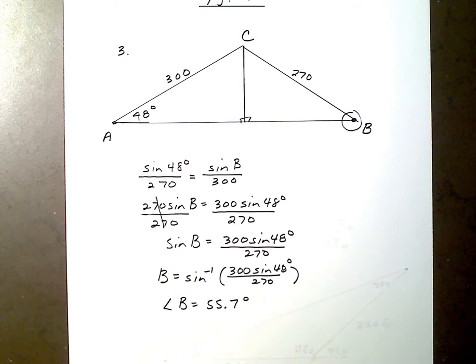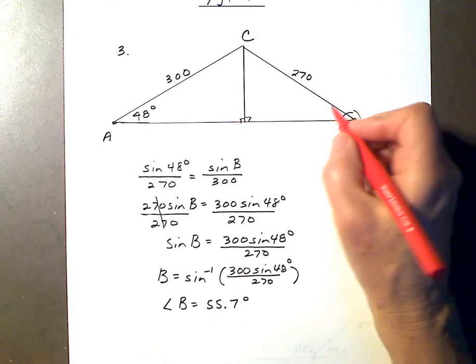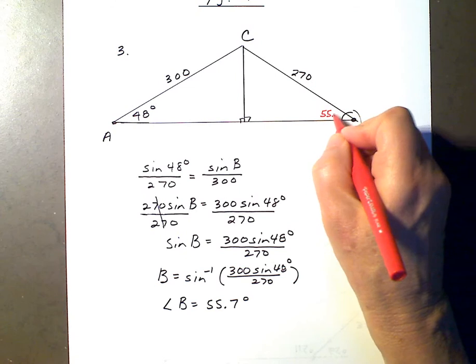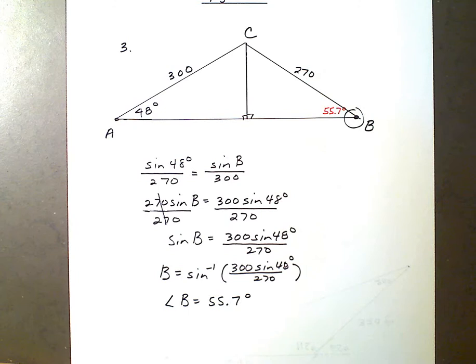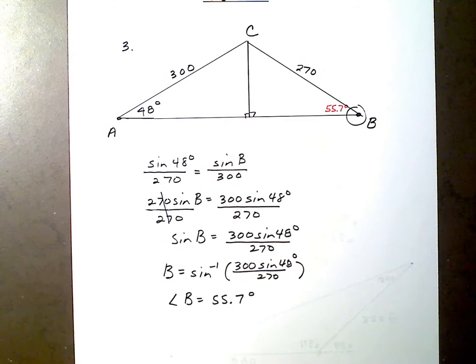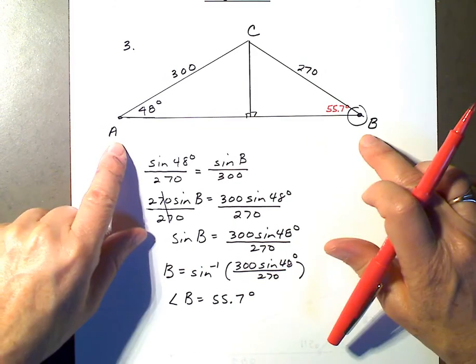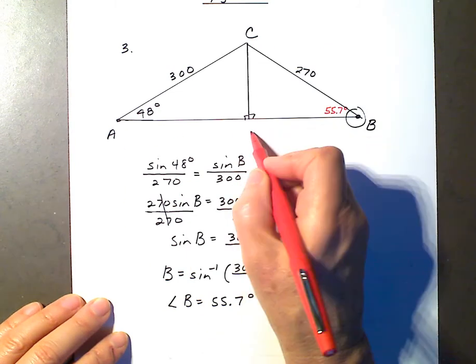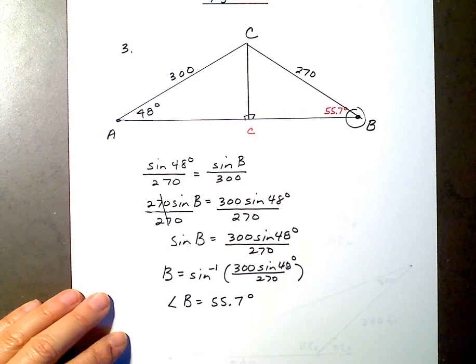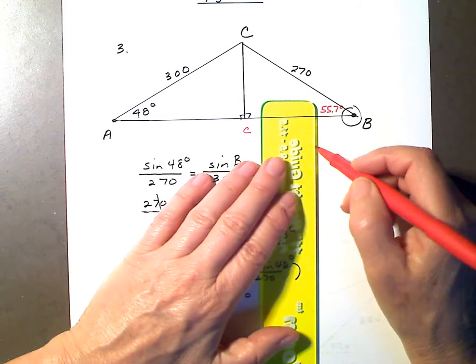So I'm going to fill that in. Which will allow me to find the angle at the top here, because the second part of this problem is I have to find the length of AB. So this is opposite angle C. I'm going to call this whole side length side little c. So let's do that over here.